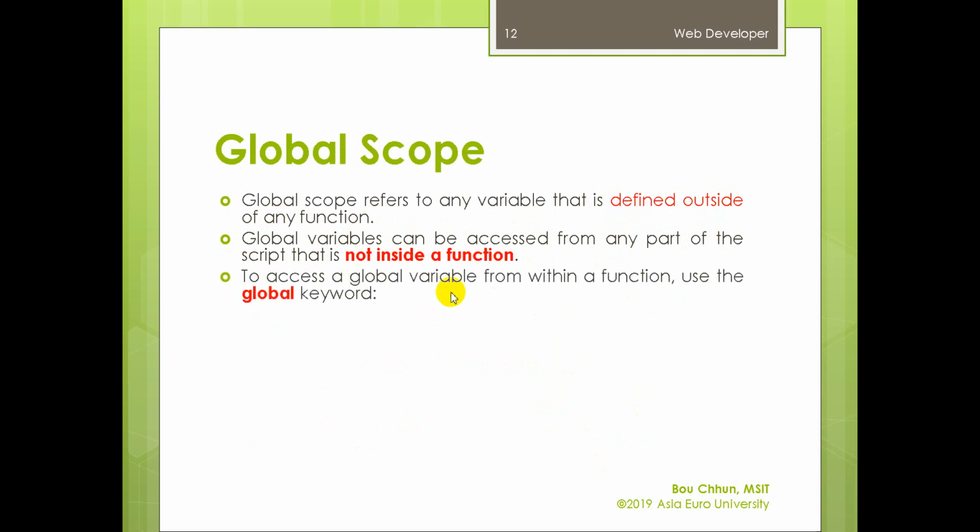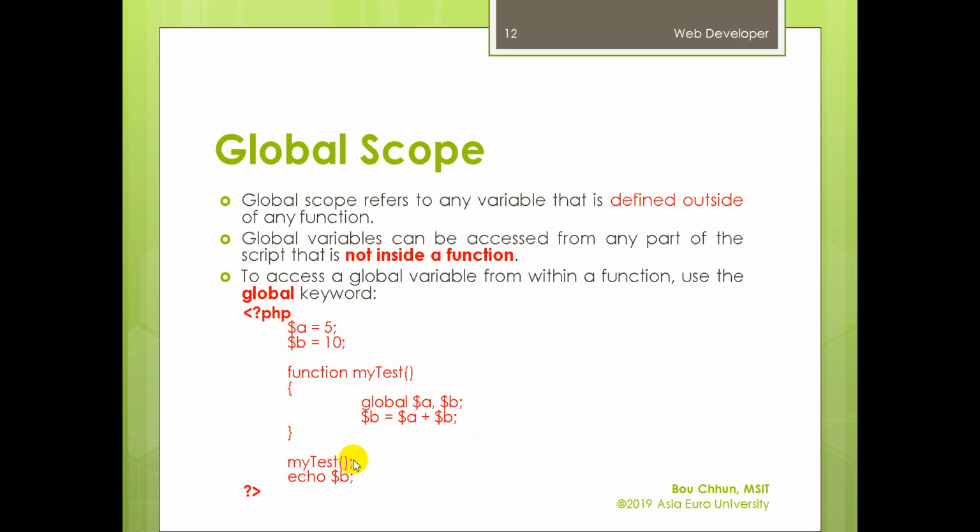To access a global variable from within a function, you can use the global keyword. With variable A and variable B in the function, when you want to use global variables A and B, you declare them before you use them. When you do not declare them, it is an error because the function does not know them.